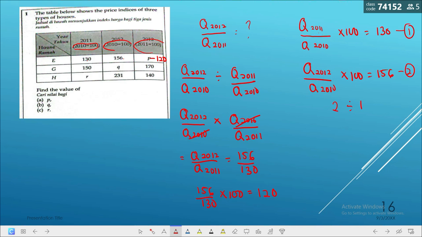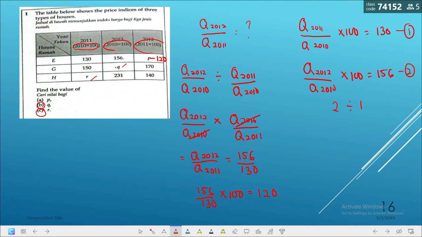Alright, for Q and R, I will let you try, in your exercise book, for question B and question C, to find the value for Q and R. I already gave the example of how to find the value.